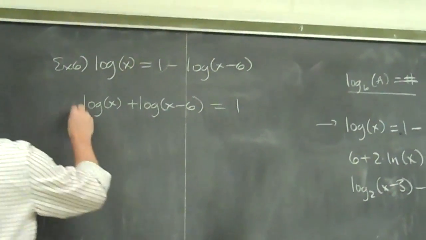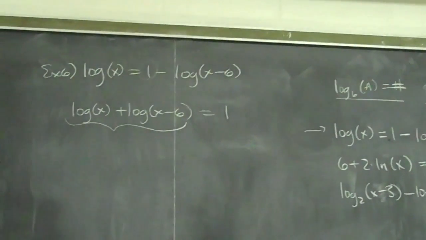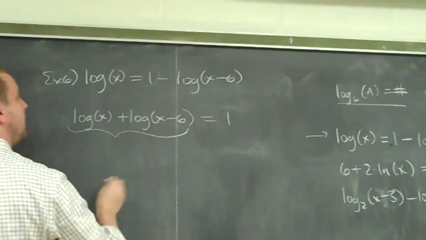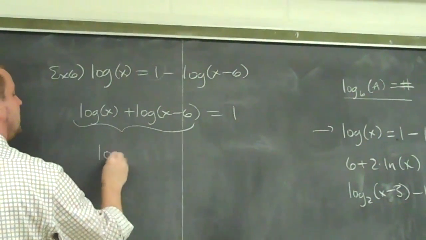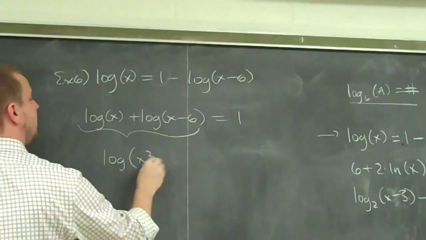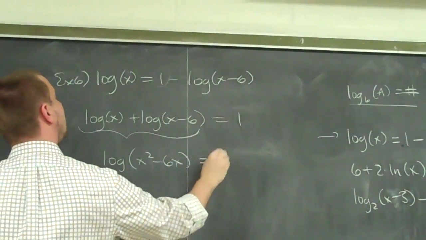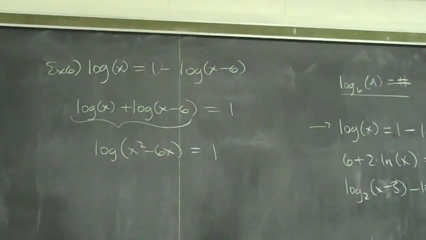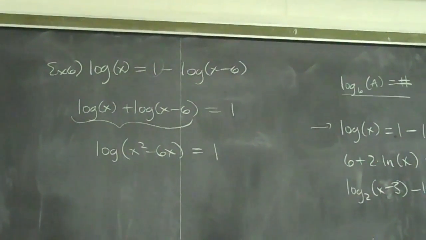And so then, one more time, I can condense those guys down as a single log by multiplying the insides. So this is the log of x squared minus 6x. Wait a second, I want to make sure we all agree on the next step.